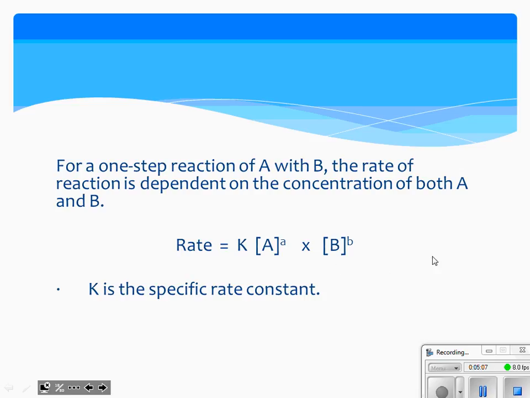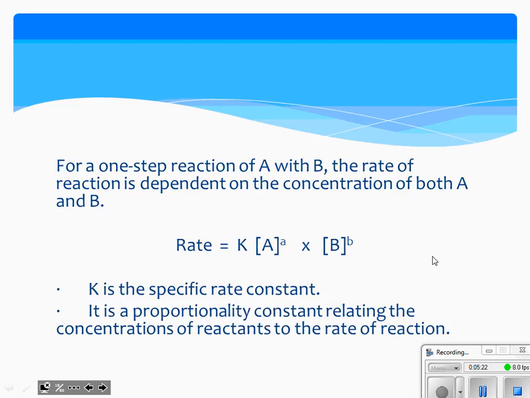So let's talk a little bit about K. K is the specific rate constant. It is a proportionality constant relating the concentration of reactants to the rate of the reaction.